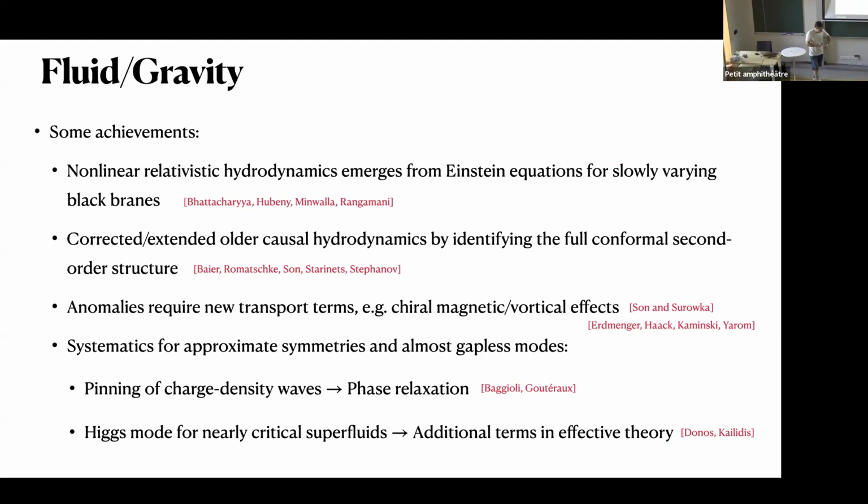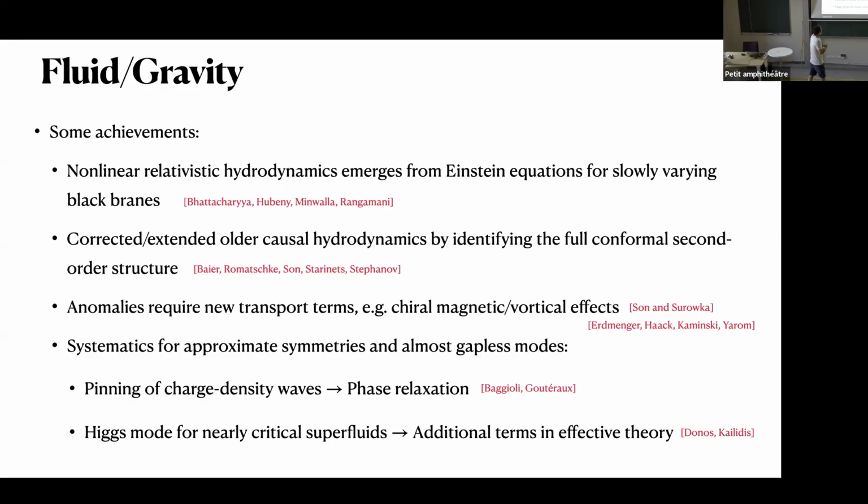Now, what are some achievements of holography? Well, you can see the emergence of hydrodynamics from Einstein's equations. You can actually find correct versions of causal hydrodynamics if you go to higher order in hydrodynamics. People using holography have argued that in some cases you need new transport coefficients if you have magnetic or vortical effects.